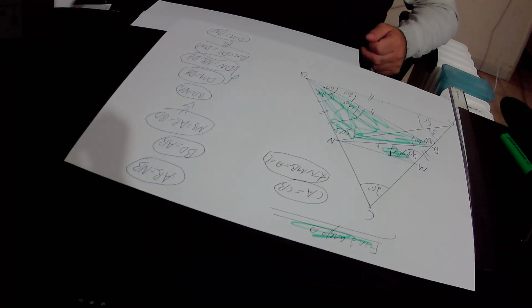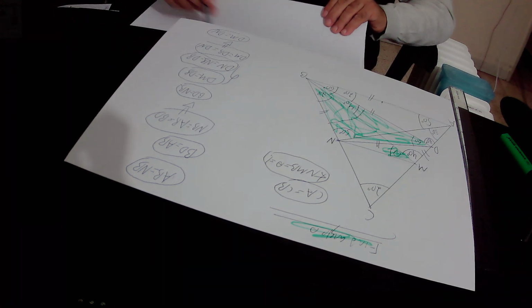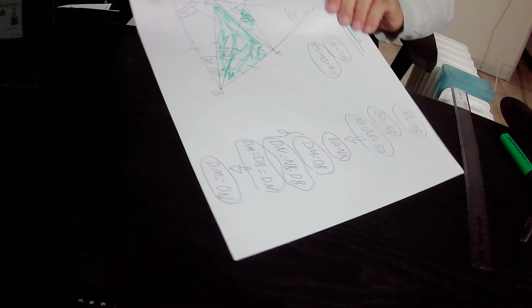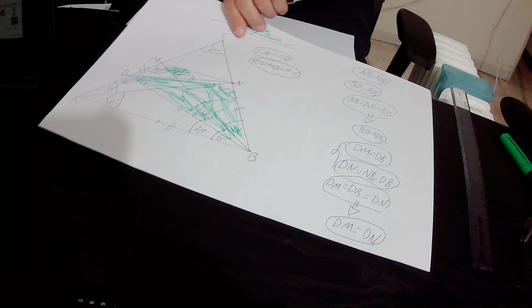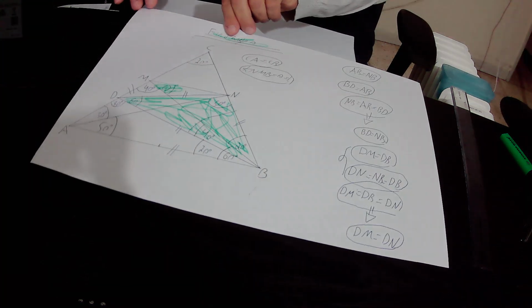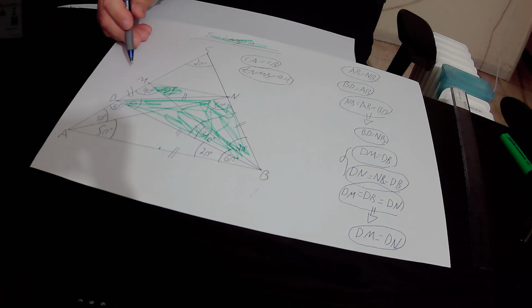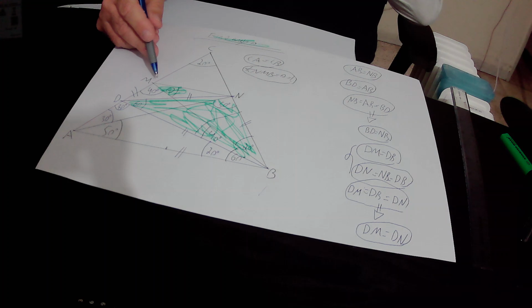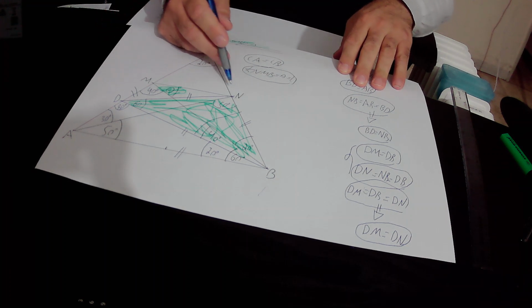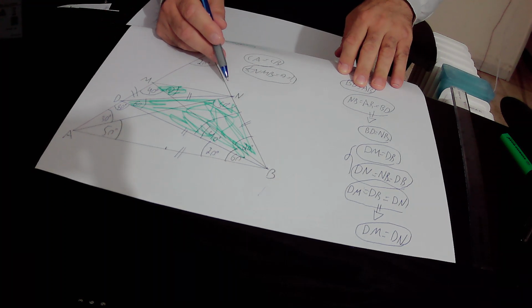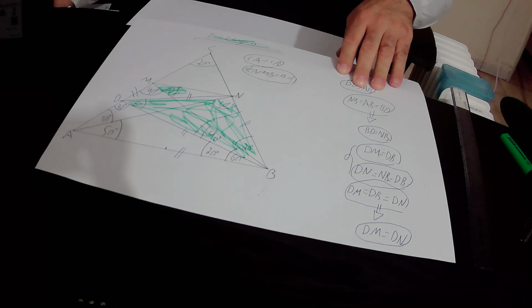Okay, so here we have angle DMN. This is angle DMN, equal to 70 degrees in size.